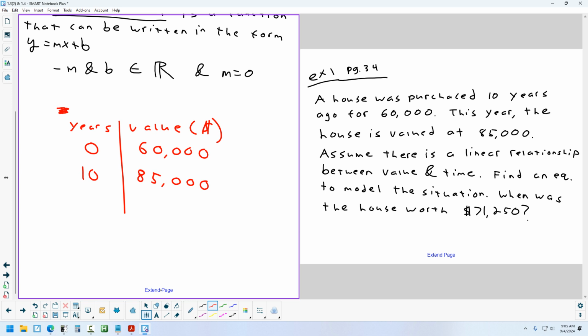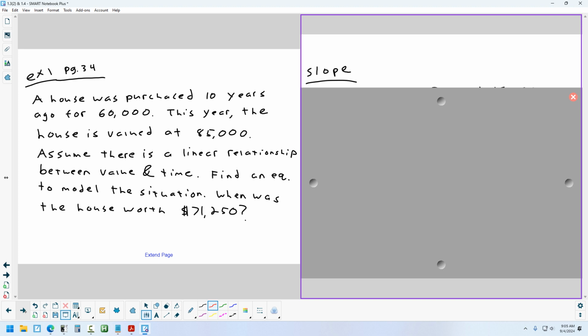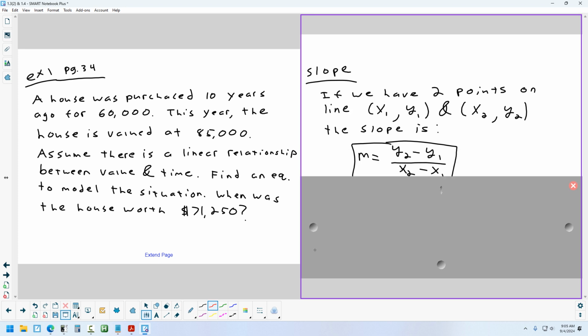The other thing we need is the slope. So if you don't remember how to find slope, it's the change in y over change in x. y2 minus y1 over x2 minus x1. Okay, so we need to go back to our coordinates and calculate y2 minus y1.